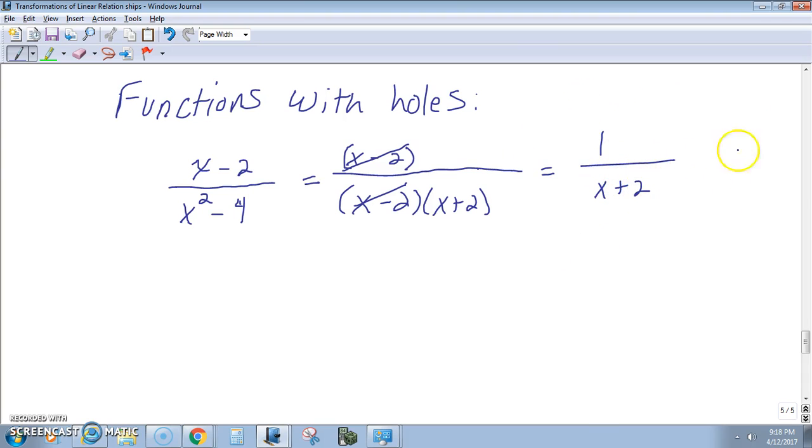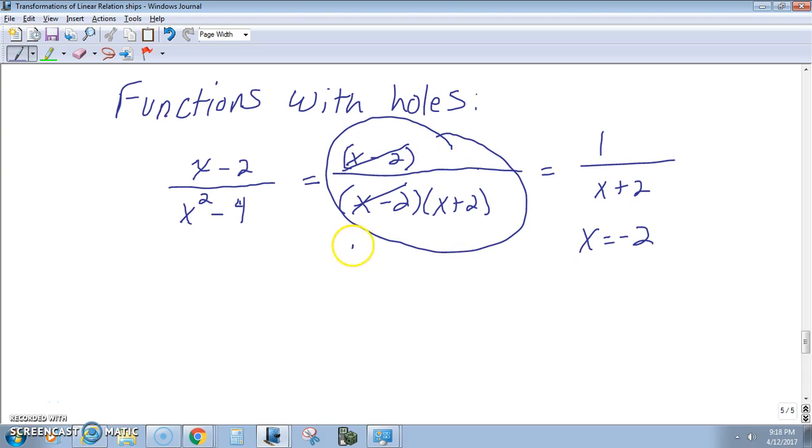So the only number that is going to blow this up is x equals negative 2. But we know from this original one, before we canceled that out, a positive 2 here would also make it 0. So what has happened to it? Well, x equals negative 2 is definitely a vertical asymptote.